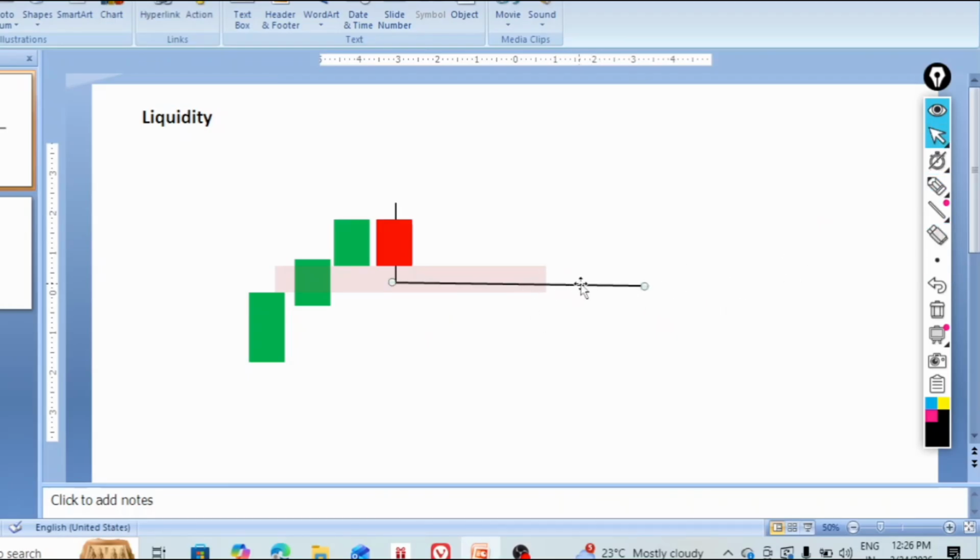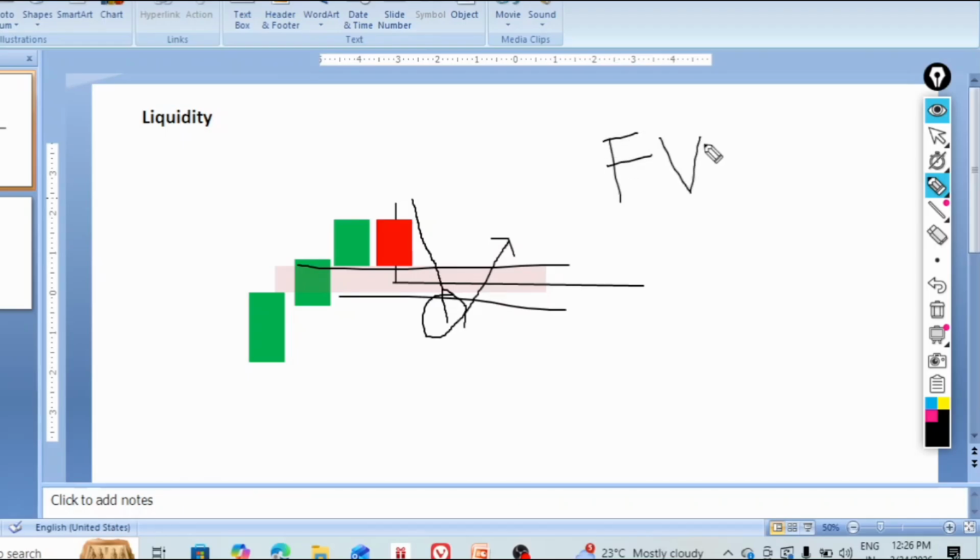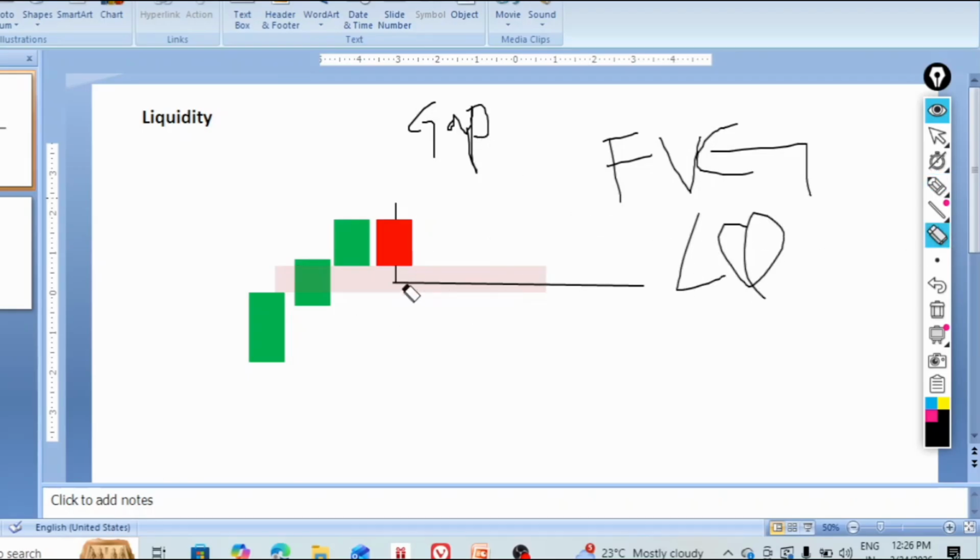If the market comes to this liquidity level and grabs the liquidity, the market is likely to reverse from this level as well. So a fair value gap means liquidity. If there is an FVG or gap, there is liquidity.